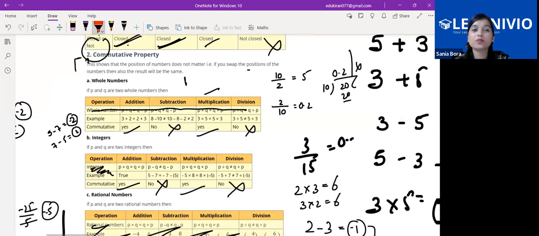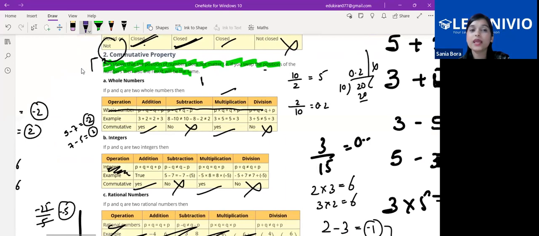Now, coming to the next property, which is the commutative property. This shows that the position of the numbers does not matter. That is, if you swap the position of the numbers, the result would be the same.